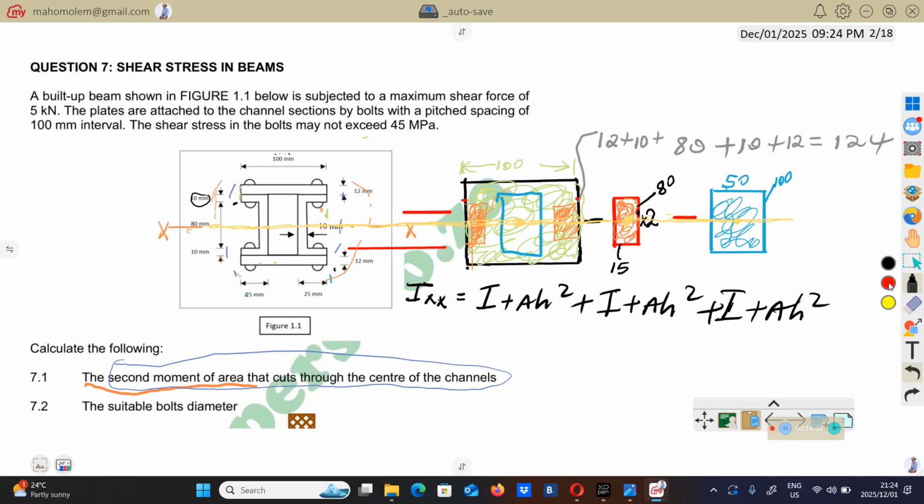So we know that this one represents this black box. This one represents this red box. This one represents that blue one. As the centers of all these boxes are on the same level as this XX line, the H is going to be 0 in that case.